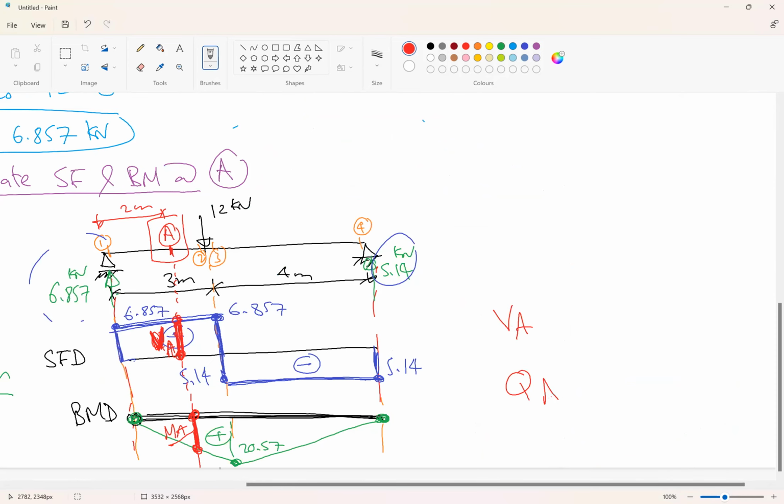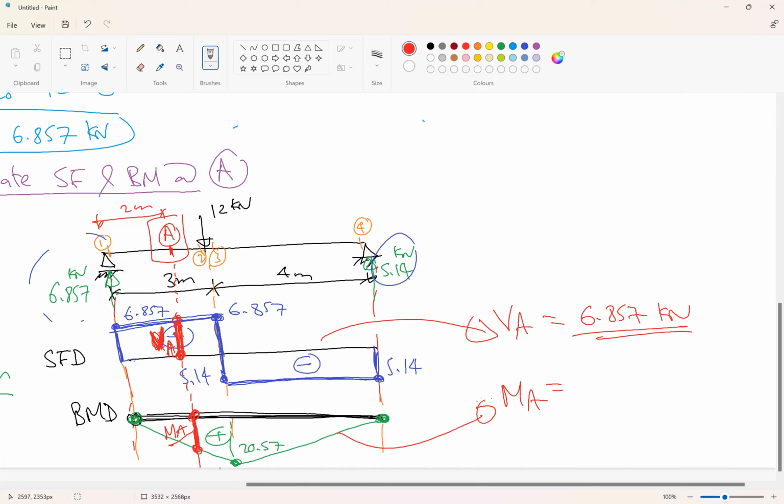What is the moment at A from the drawing? From this drawing, VA is equal to 6.857 kilonewton. This is clearly given to us.